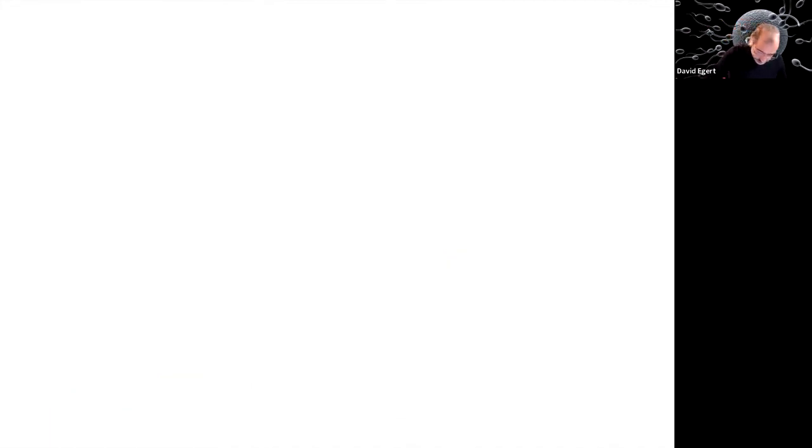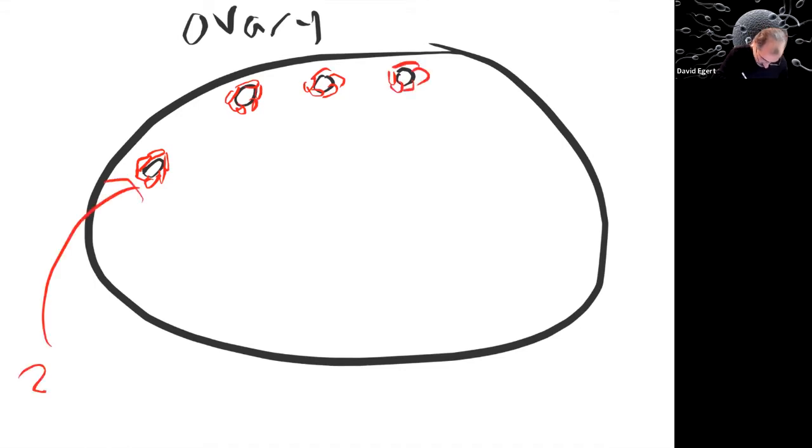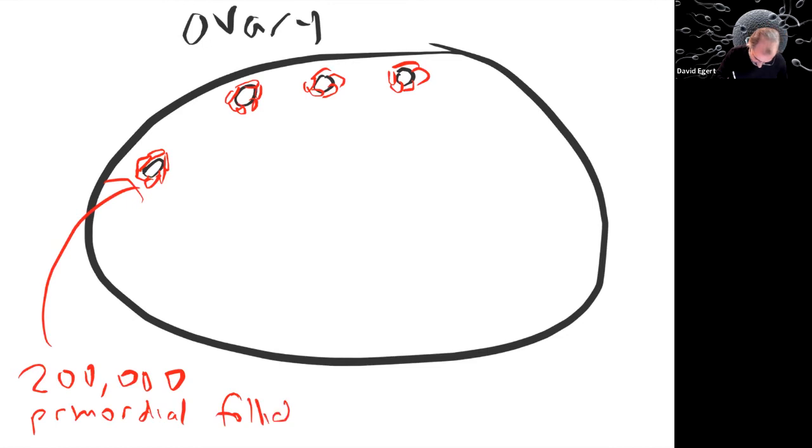When you are born, this is like the ovary, you've got all of these little primordial follicles. Like 200,000 of them.